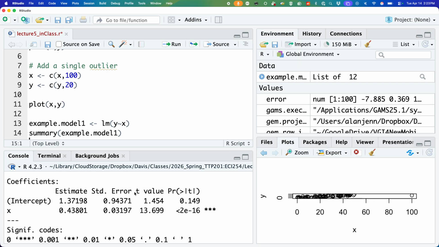What are our true values for our intercept and our slope? We've only seen it for the last 3 classes. Yeah, 0.5 is the slope, and our intercept is 0.